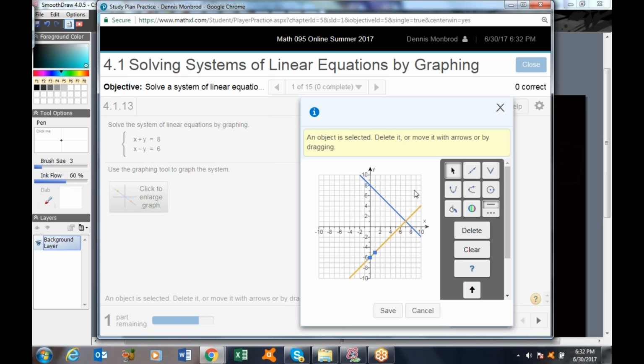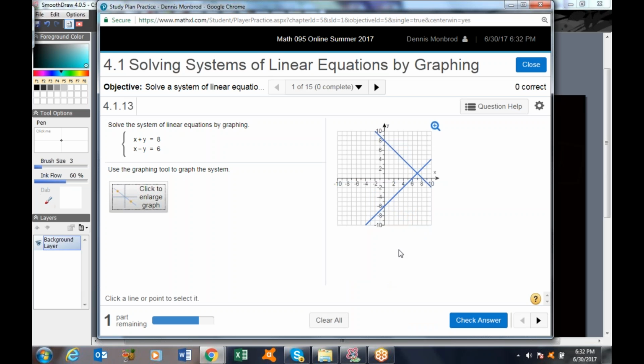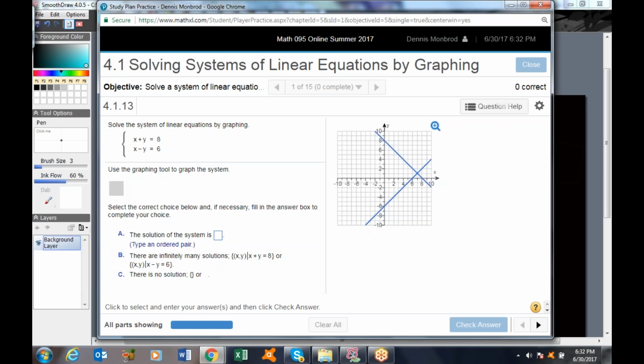There it is. Now, what I'm looking for is this point over here. Okay, looking for this point. And it looks like the coordinates are 7, 1. Okay. Let me check my answer. All right, so the graph is okay.